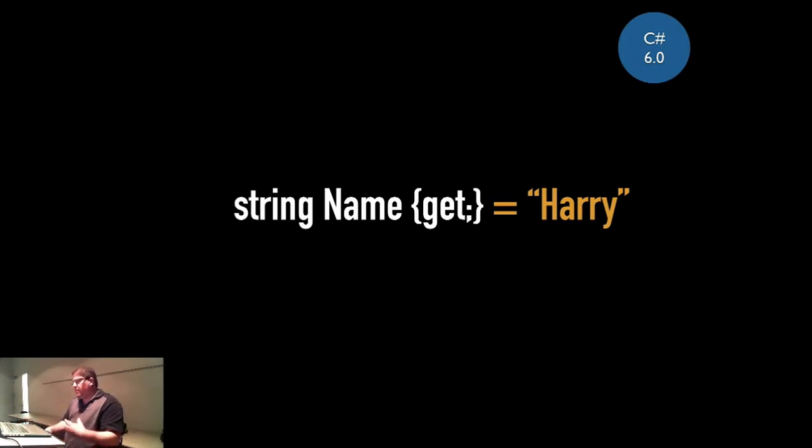Now that we don't have a setter, can you modify this property? No. So this is very useful when you want immutable classes. You just initialize it and then it will be immutable.